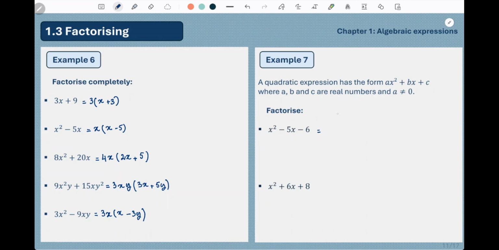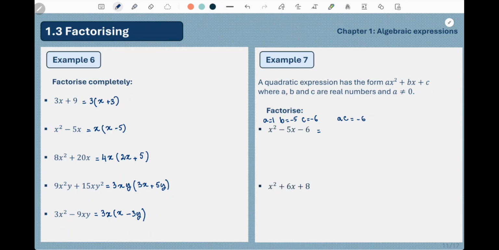So I'll write them here. a is 1, b is minus 5, and c is minus 6. First of all, I would find my AC. So I'll multiply that. A times C, 1 times minus 6. And b is minus 5, so it remains as it is.